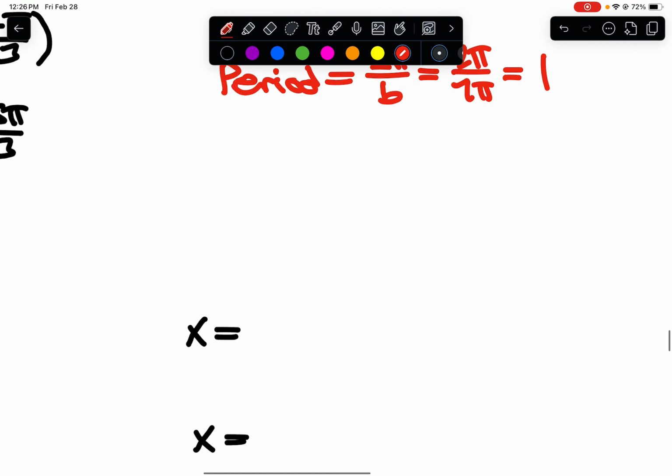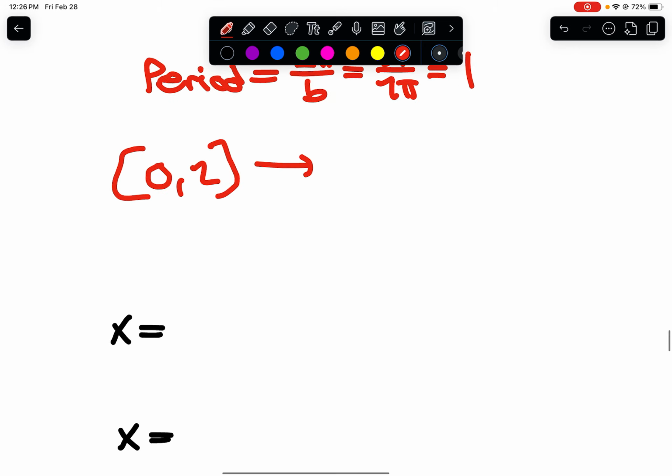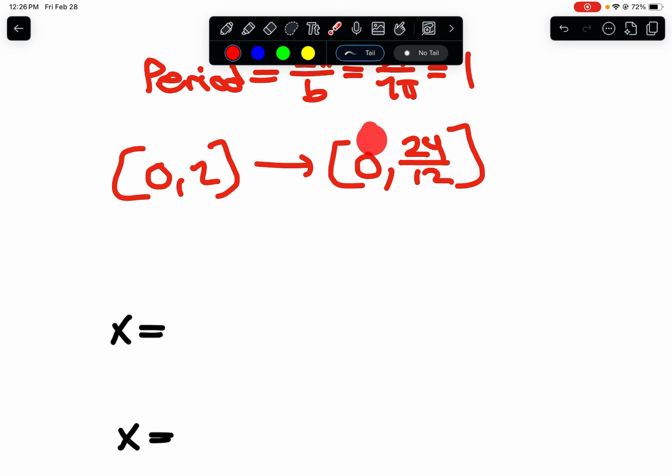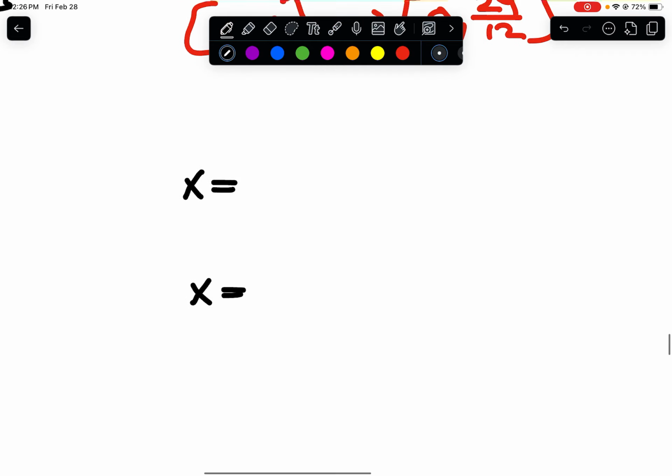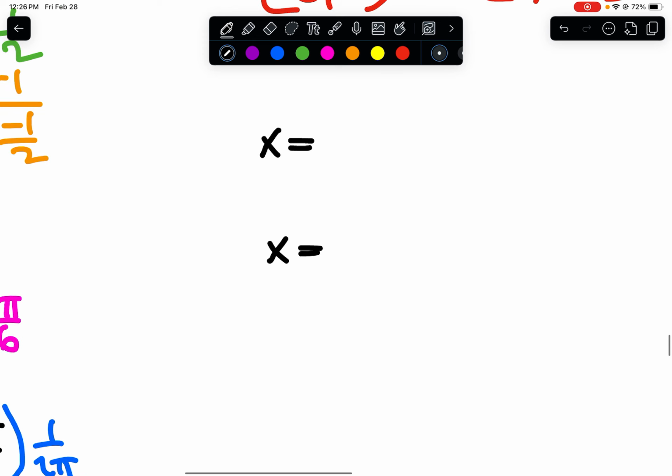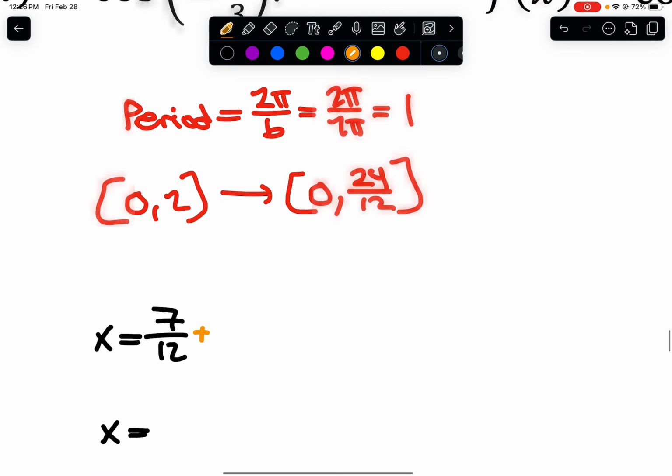So if I'm going from 0 to 2 on this interval, with a common denominator of 12, that means I'm going from 0 to 24 over 12. So I know I need to look for a numerator value with a cap of 24. For the first one, I'm going to do 7 over 12 and then add the period, which is 1.